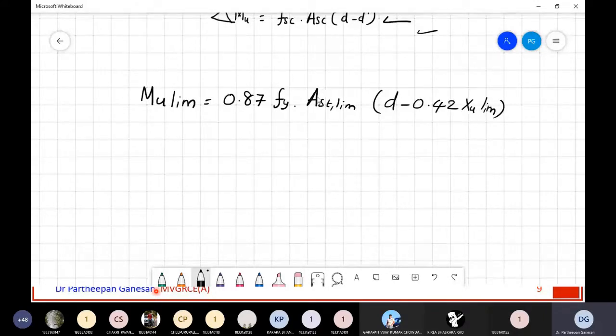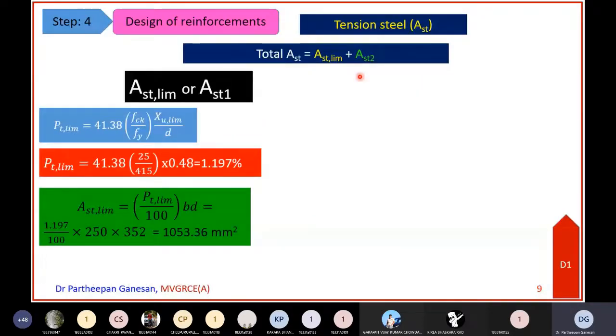XU limit you already know, D you know, MU limit you know, FY you know, only AST limit will be left. This way also you can find out AST limit, and you will get the same value, 1053.36. So AST limit, or AST1, is found out.